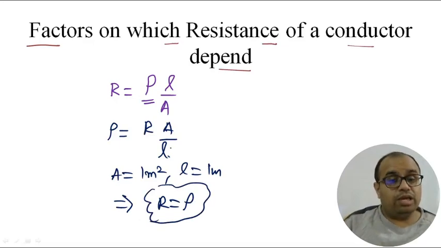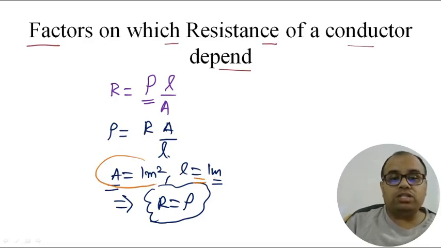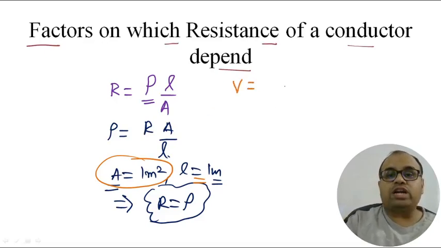What does it mean? It means that if you have a conductor of length 1 meter and cross section area 1 meter square, then the volume of the conductor is 1 meter cube.